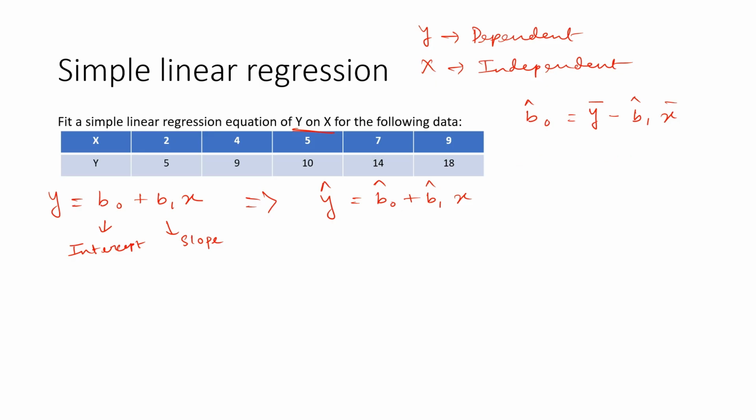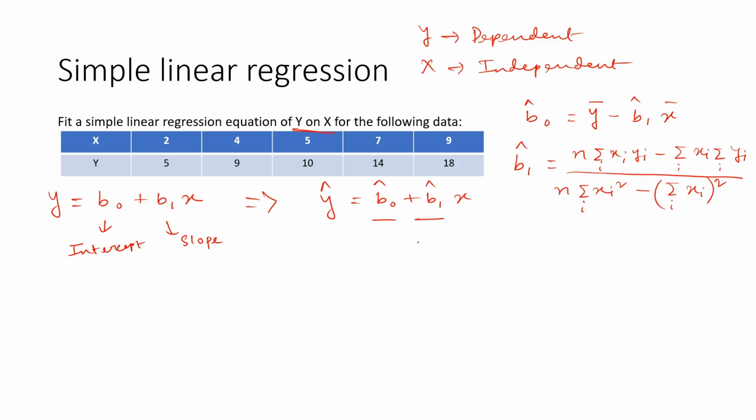And the formula to estimate b1 hat is n summation xi yi minus summation over i xi into summation over i yi, whole divided by n summation xi square minus summation over i xi whole square. So these are the two formulas we use for calculating the fitted values of the regression parameters beta naught hat and beta 1 hat.